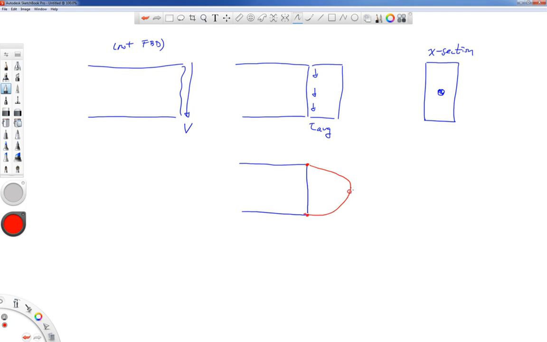If it's a rectangular cross-section, the maximum transverse shearing stress will occur at the neutral axis. And that's the maximum transverse shearing stress.